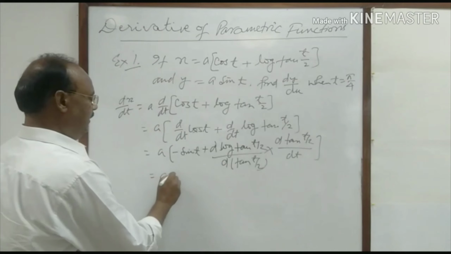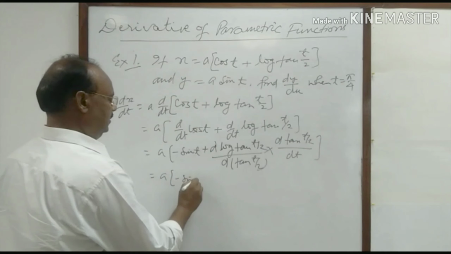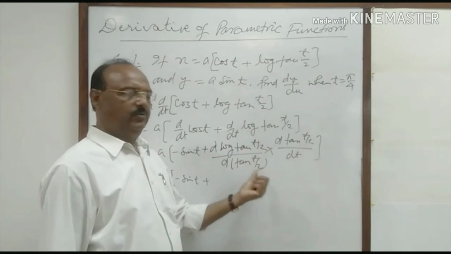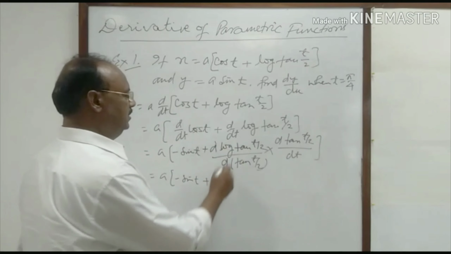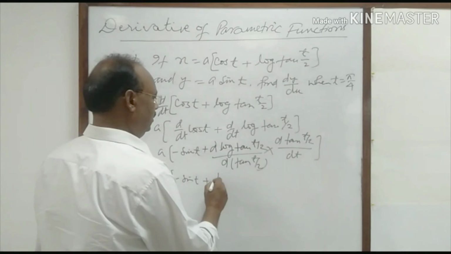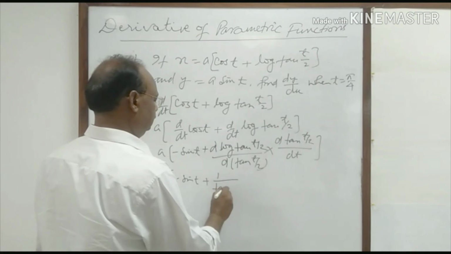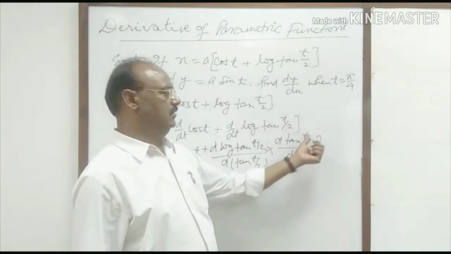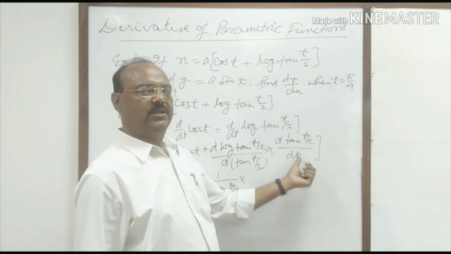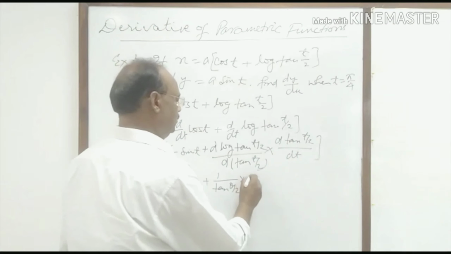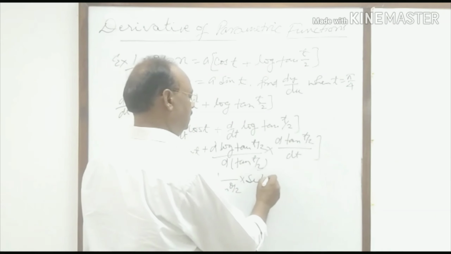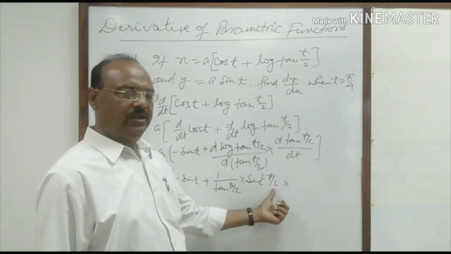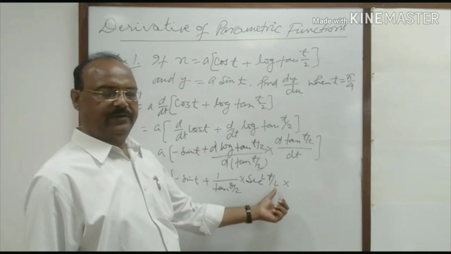Now this is equal to a times minus sin t plus, derivative of log theta is 1 by theta. So we can write here 1 by tan t/2, and derivative of tan t/2 is sec square t/2, and into again t/2 will be differentiated with respect to t.